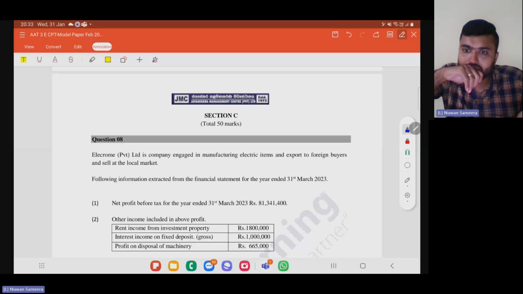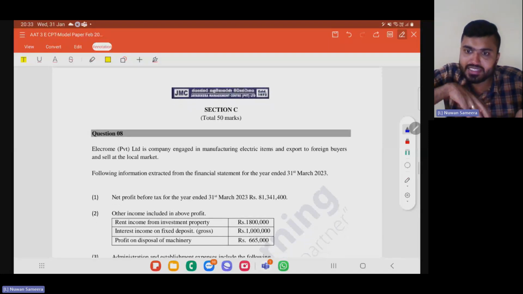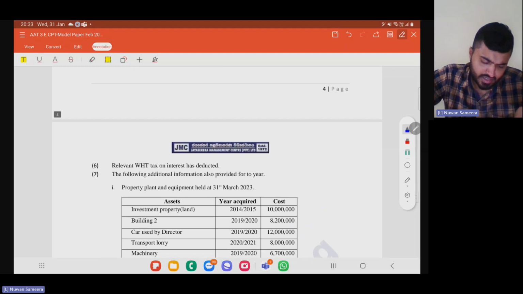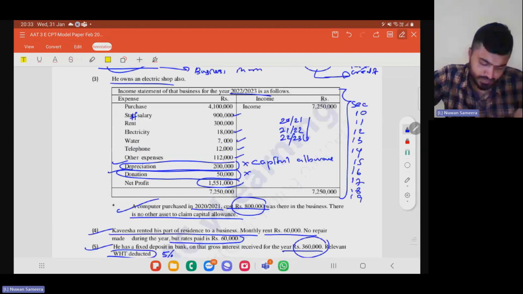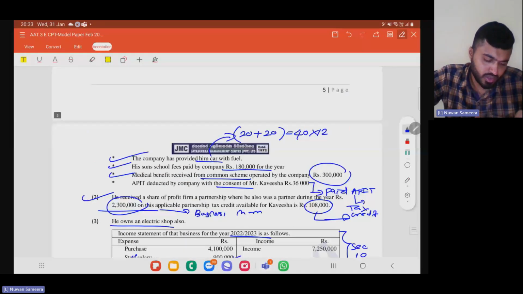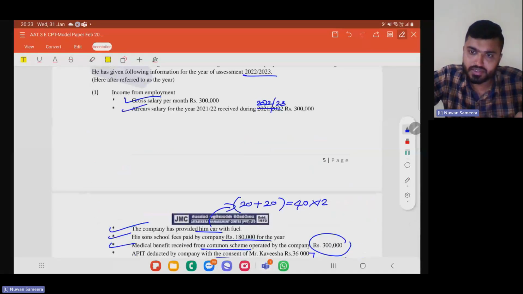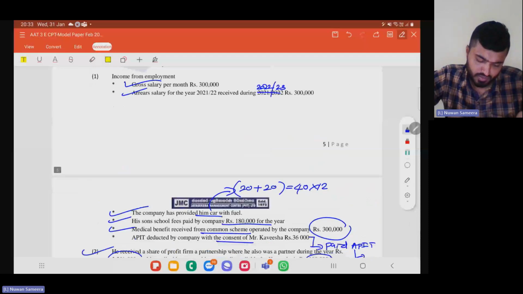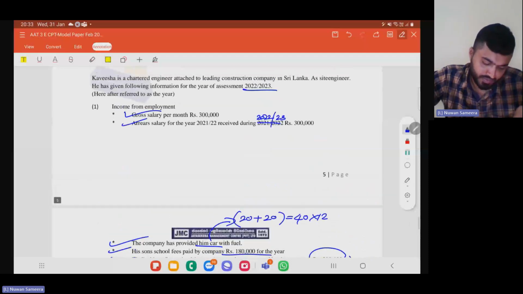One student asks, is the insurance premium paid allowed or disallowed? Is there any insurance part there? There was no insurance, so I don't know what you are referring to. Is there an insurance premium?